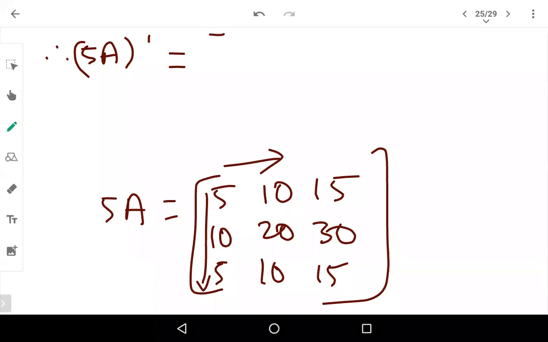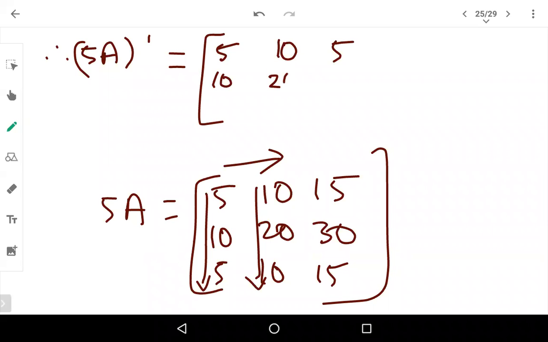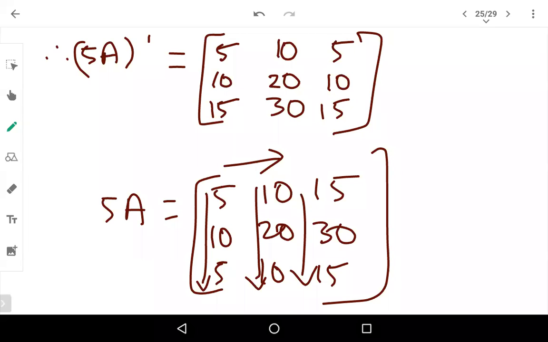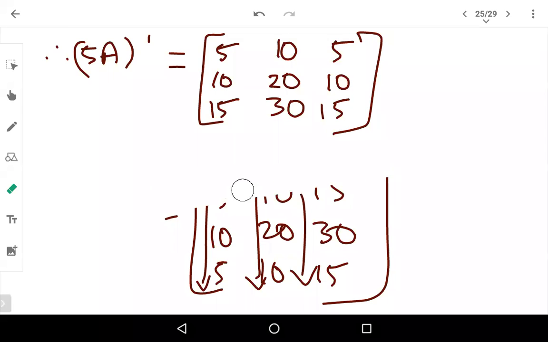So what is the 5A transpose? 5, 10, 5. The second column will become the second row: 10, 20, 10. The third column will become the third row: 15, 30 and 15. So this is the 5A transpose.